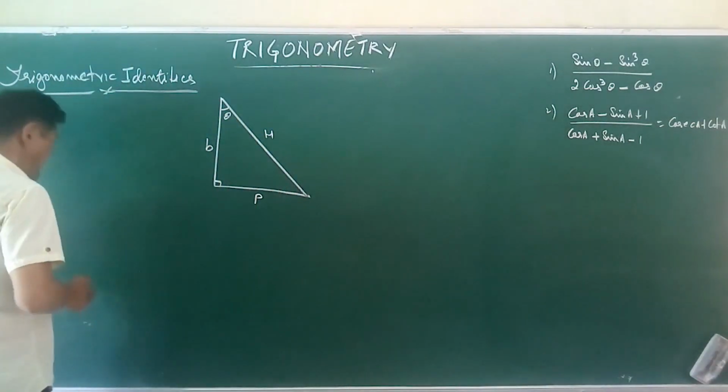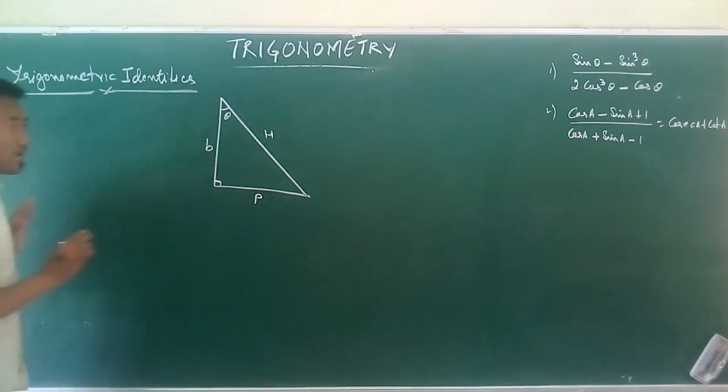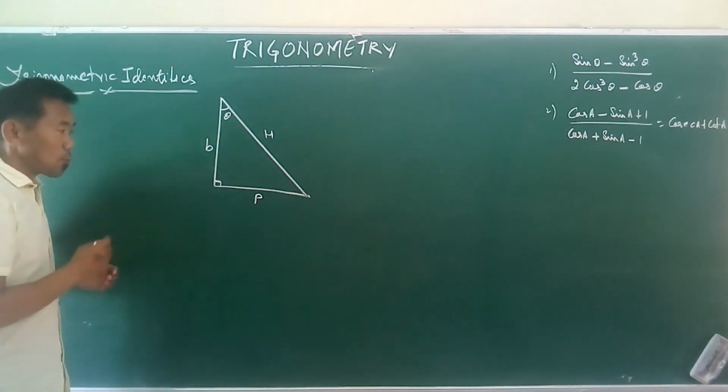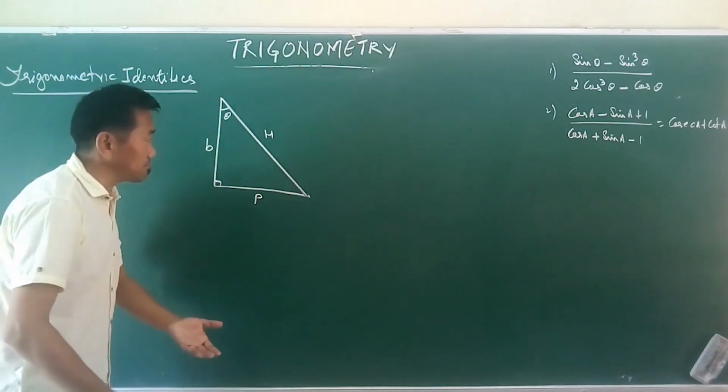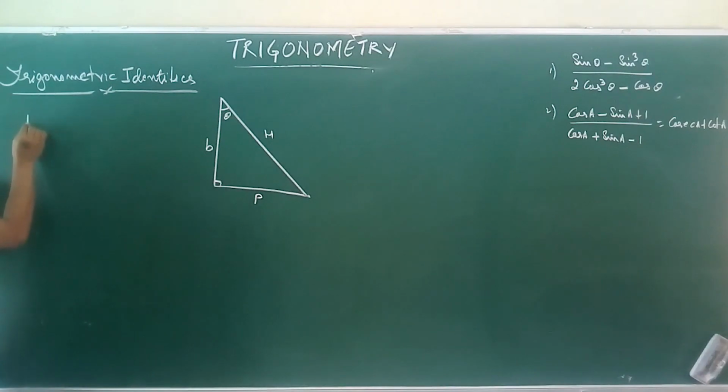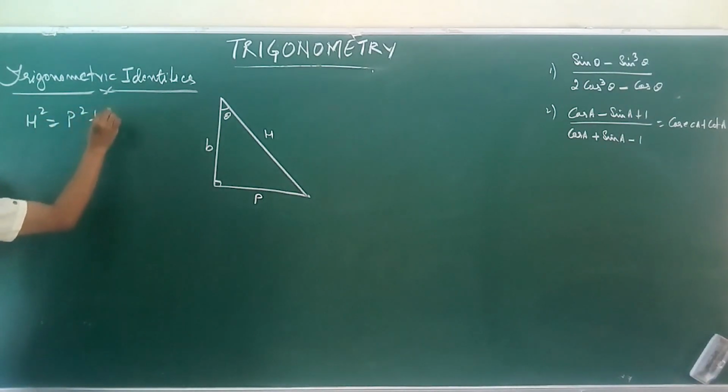Right? Now, in this right angle triangle, we are going to use the Pythagoras theorem. Here the Pythagoras theorem says that h square is equal to p square plus b square.